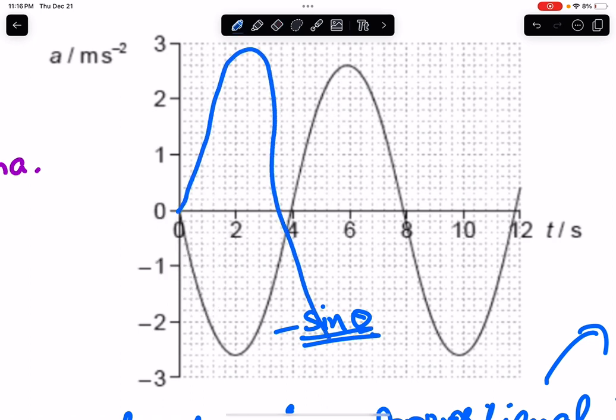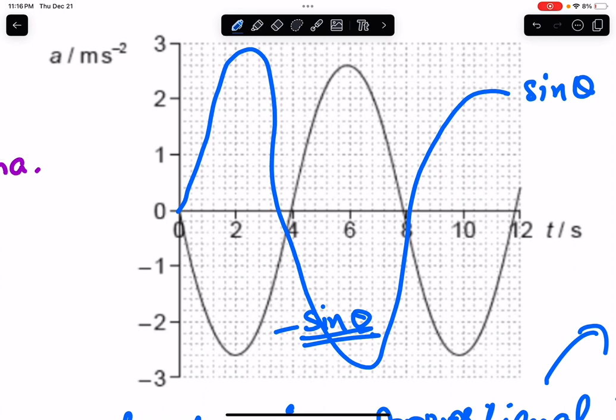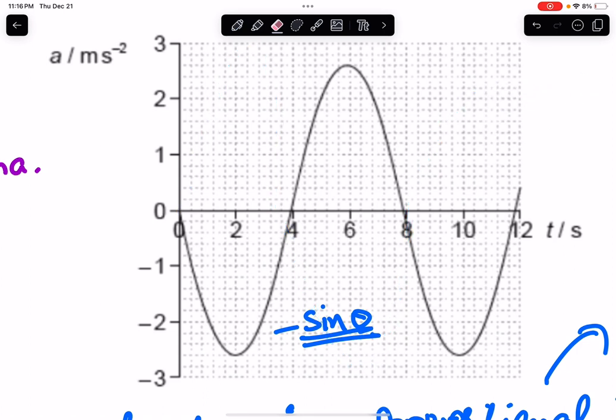The way I did it was that this blue function looks at sine of theta, and if you just reflect the sine of theta function on the x-axis, you just get negative sine of theta. So when you're dealing with simple harmonic motion, it helps if you have a simple idea of trigonometry, right?